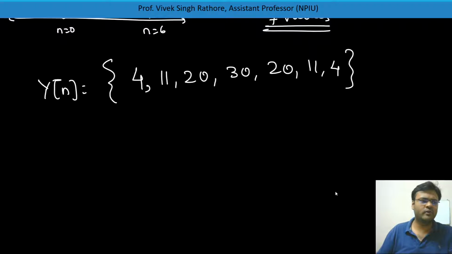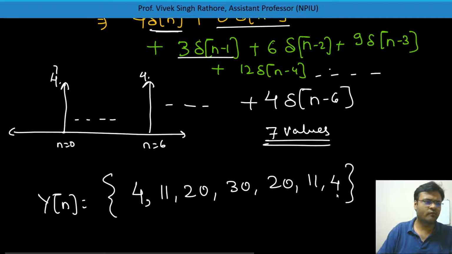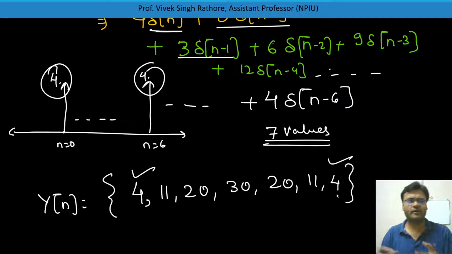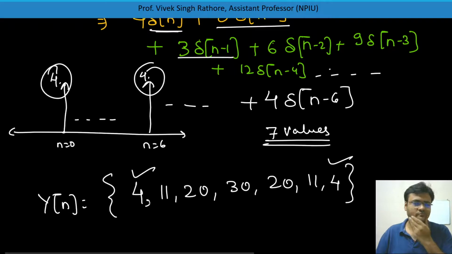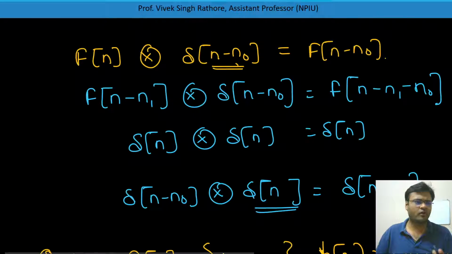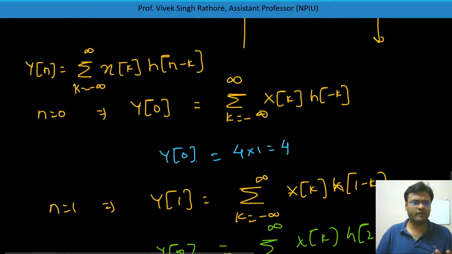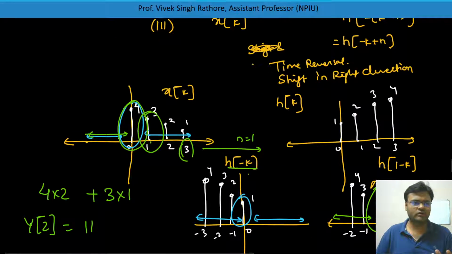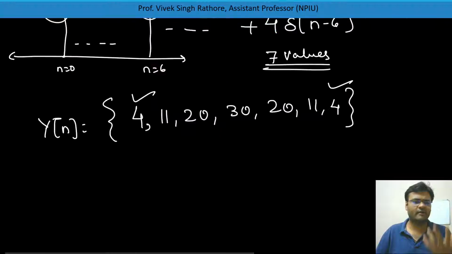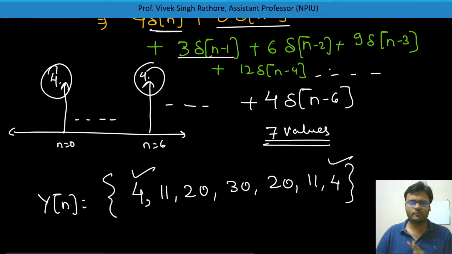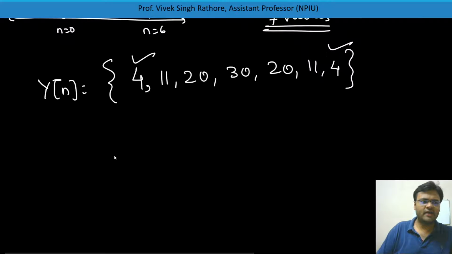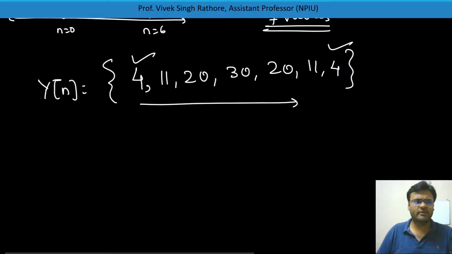And 2 values, so we have got here also 4 values and 4 values. This value and this value we have already got. Same, if you see in the graphical form also, we have got the output. I think 4 we have got, and 11 also we have got, and the rest we were about to calculate. So you must have calculated till now, I suppose. Now this is the output which we'll get by just multiplication.